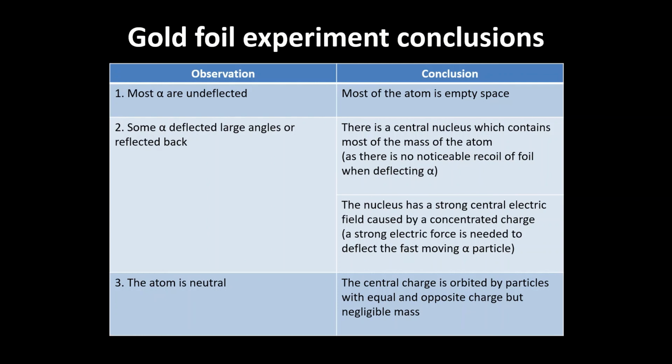So you've either got a very heavy central positive charge with very lightweight negative charges orbiting it so that it's overall neutral, or you've got a very heavy, strong central negative charge with very lightweight positive charges orbiting it. And he was very clear that you couldn't tell which of the two was the case from his experiment. It seems pretty clear that he thought it was a very concentrated positive charge with negative charges orbiting it, as we now know. But he was very clear that you couldn't tell that from the gold foil experiment.